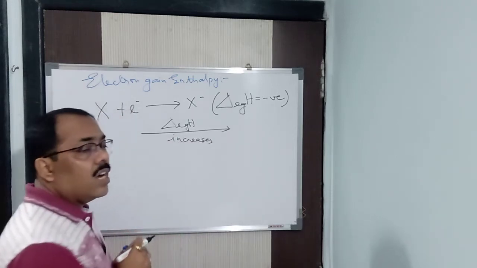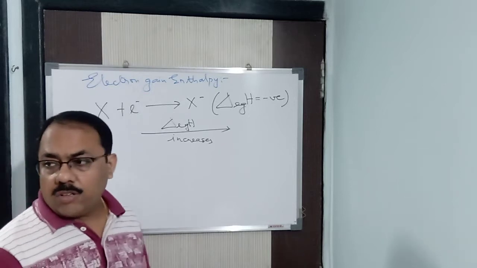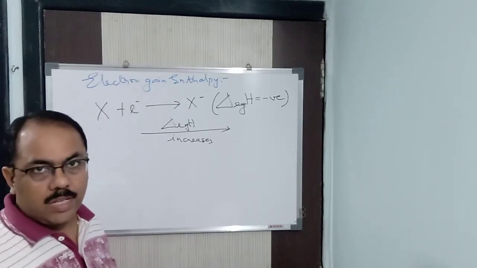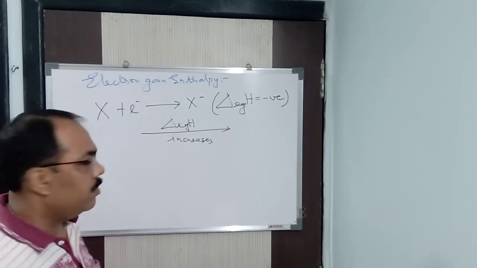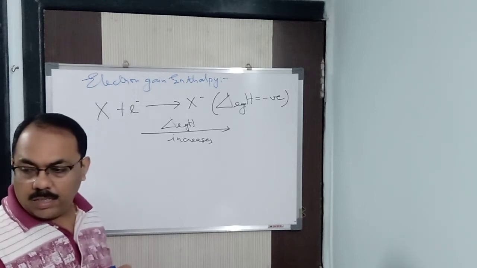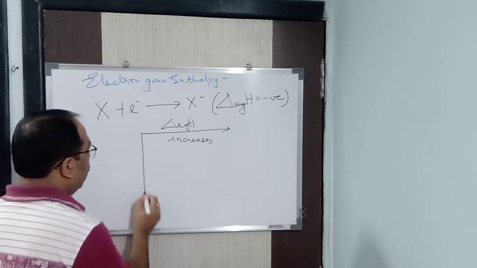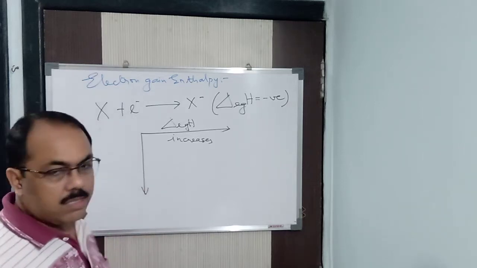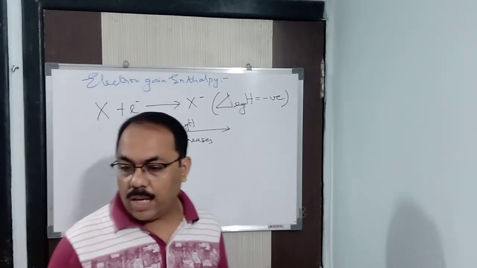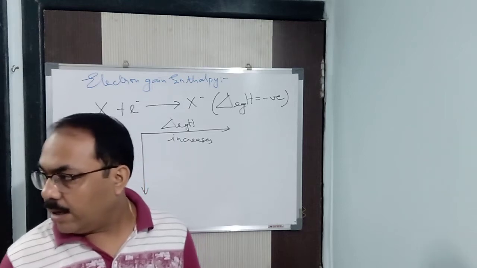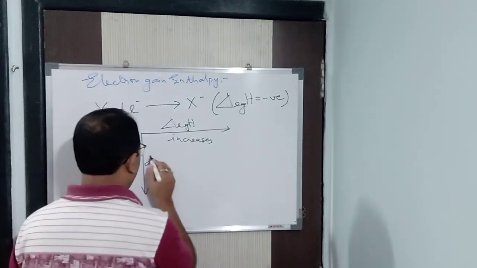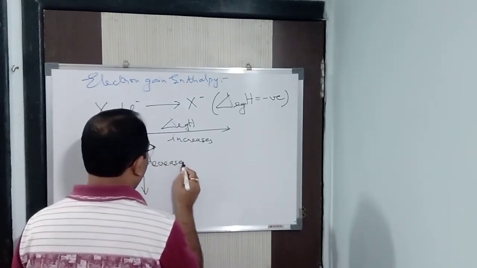Because the nuclear charge increases. Similarly, when you are coming down the group, electron gain enthalpy decreases.